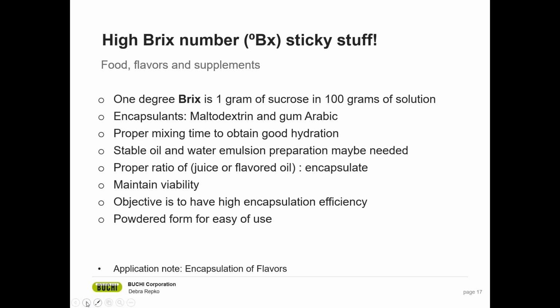And that's going to give me the best powder at the end of the day. If I'm maybe doing a supplement, do I need to worry about viability of it? The objective is I want to get good encapsulation efficiency and get something in a powdered form for later. Throughout these next slides, I'm going to have the literature references that I used for your ability to follow up later.